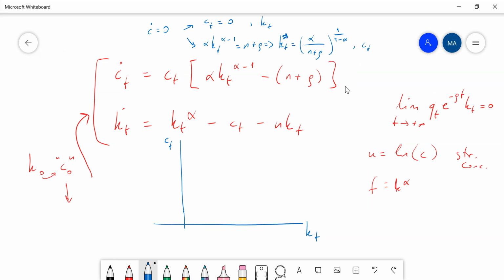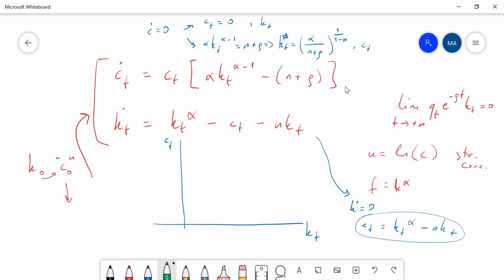So the K dot locus, if you think about it, is CT equals KT to the alpha minus NKT, right? K dot equals 0 is satisfied only by this equation.